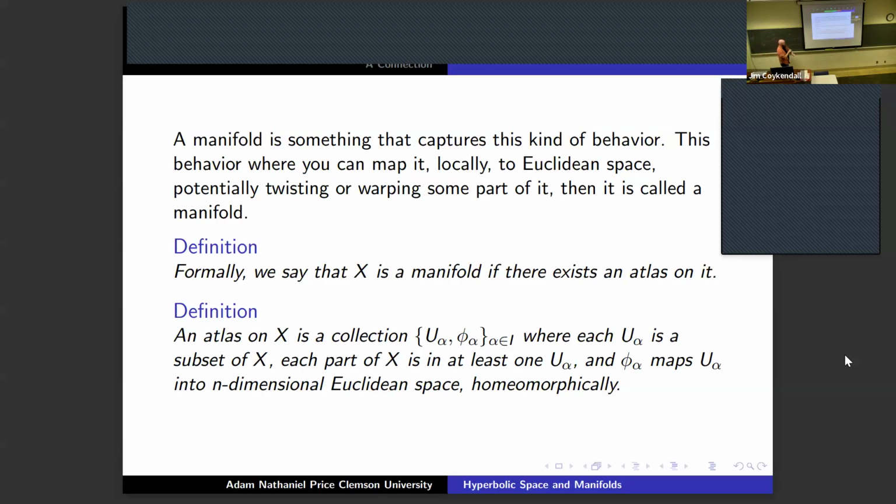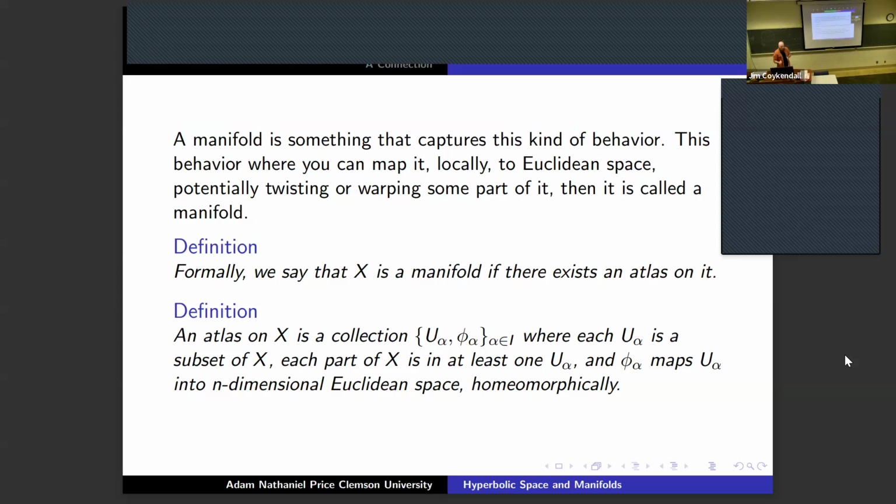Formally, this is a little bit of math. We say that X, a set, is a manifold if there exists an atlas on it. And an atlas on X is a collection of sets and functions. U alpha is a set, phi alpha is a function, and it's indexed by some set I. So for everything in I, there's one pair.